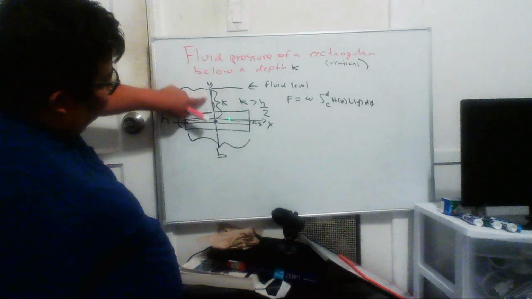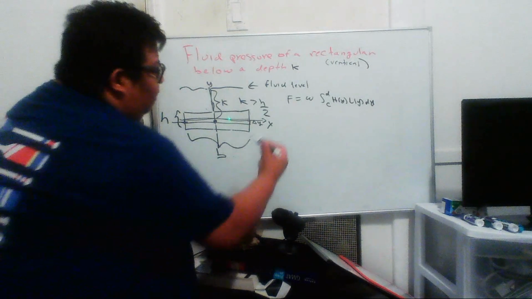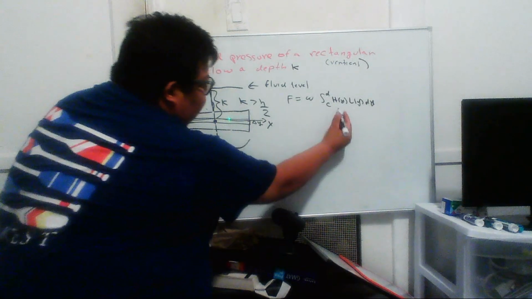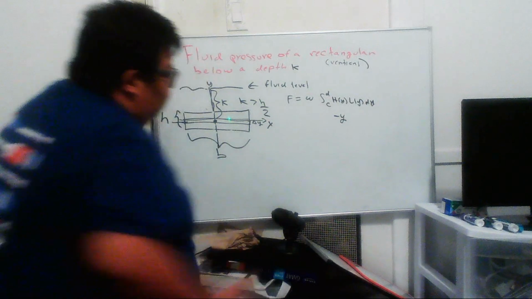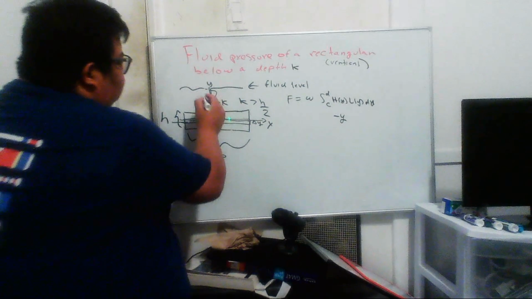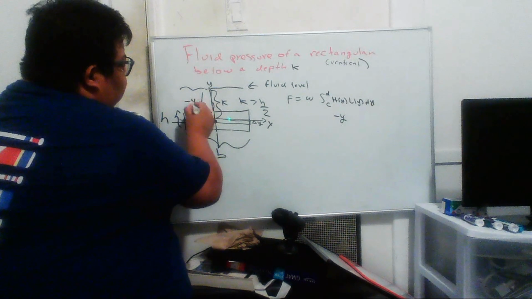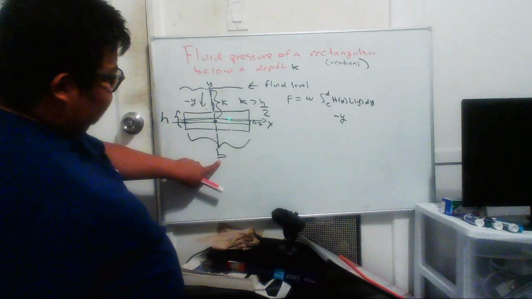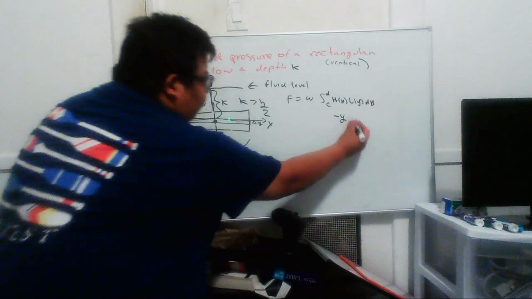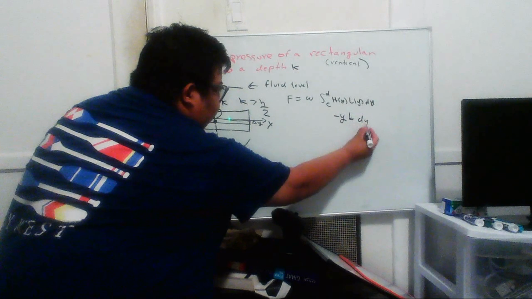So y is the y-axis, and the horizontal is the x-axis. Of course going down would be negative y. That would determine the height of the slab, and then we multiply times b.